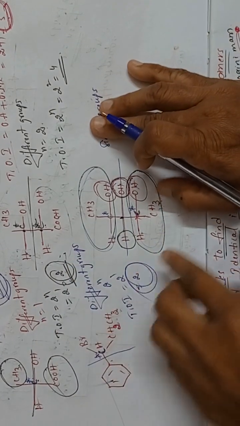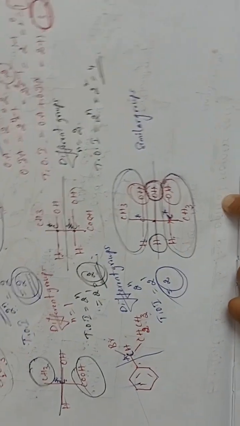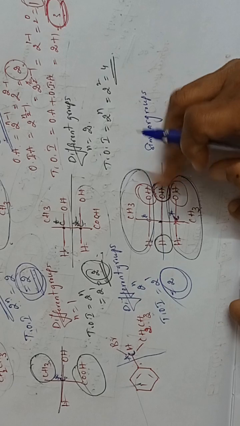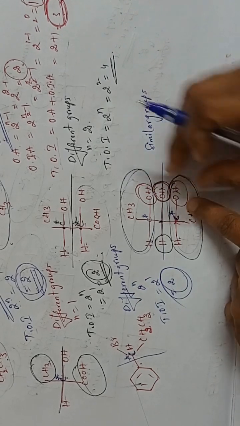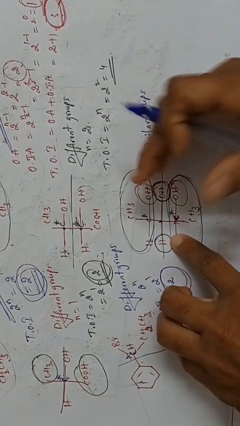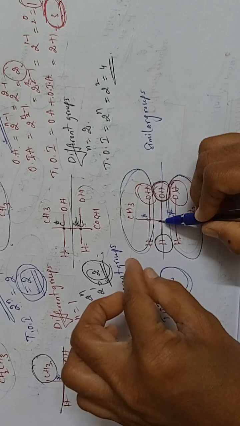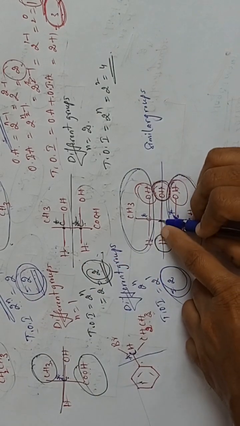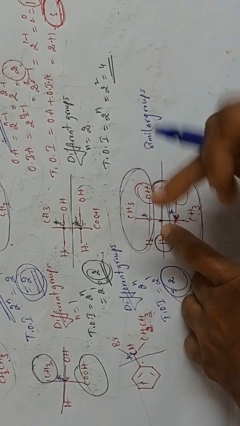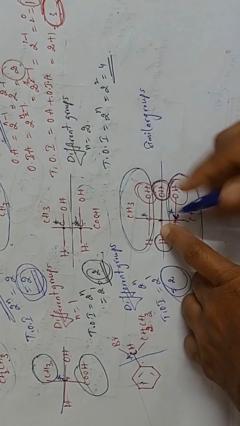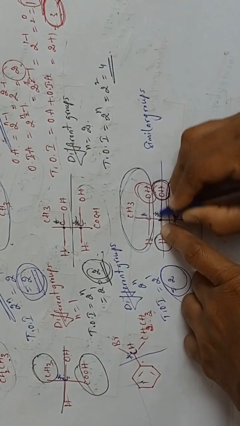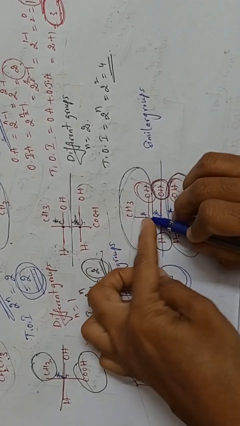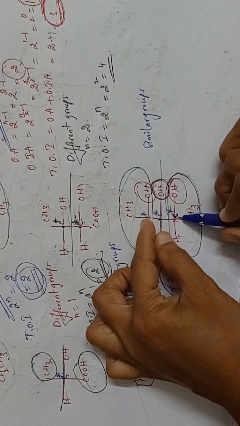But listen carefully students, here 3 similar functional groups are there: OH, OH, OH. In this case, the second carbon also we have to consider as a chiral carbon. It is not a chiral carbon, but we have to consider this carbon also as a chiral carbon students. Understanding? Because this configuration and this configuration are different.